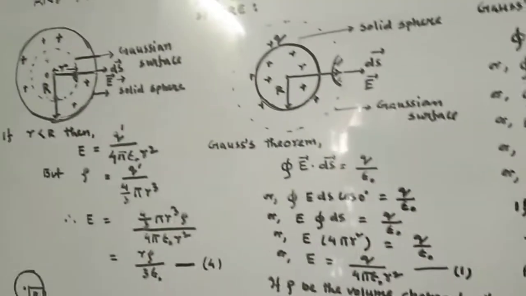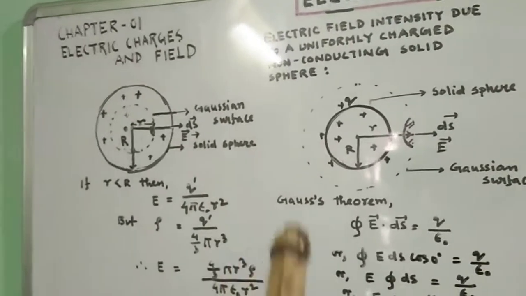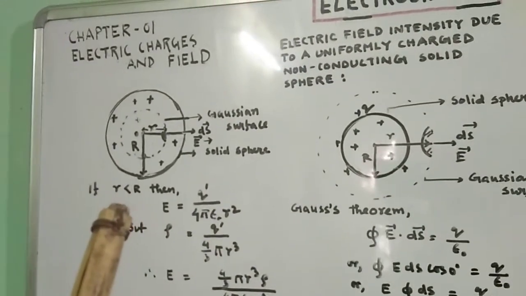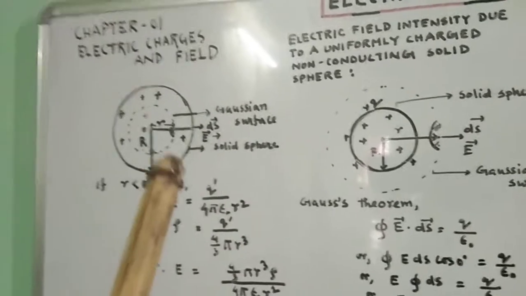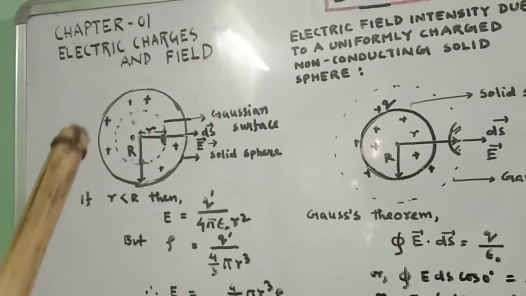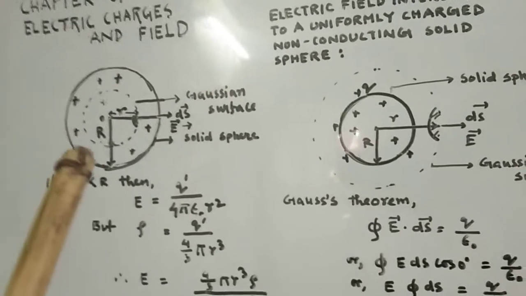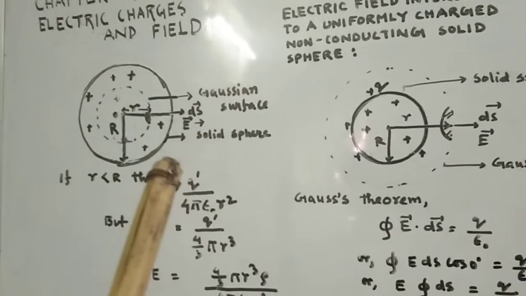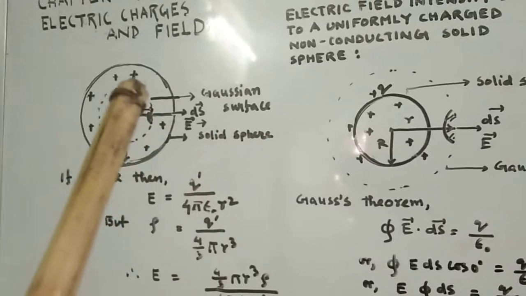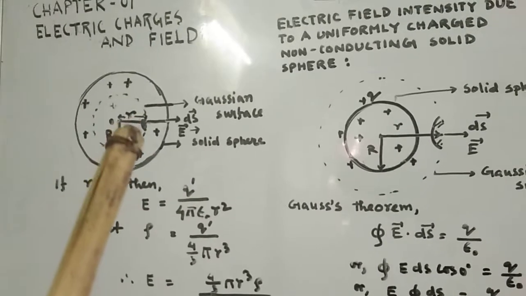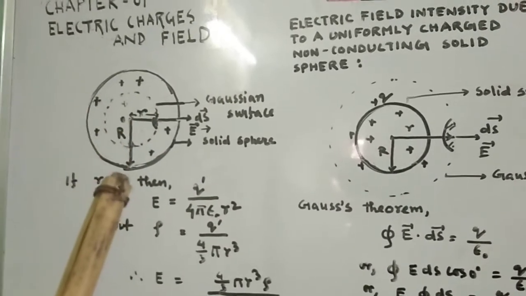Now let me go for the third one, where small r is less than capital R. So you see this is your solid sphere, charged throughout the volume. Now inside this solid sphere we have constructed a Gaussian surface of radius small r, and this is the capital R radius.